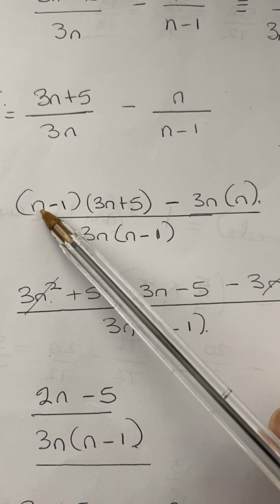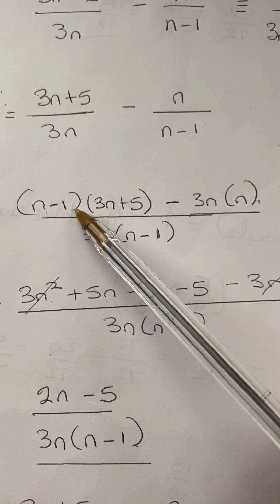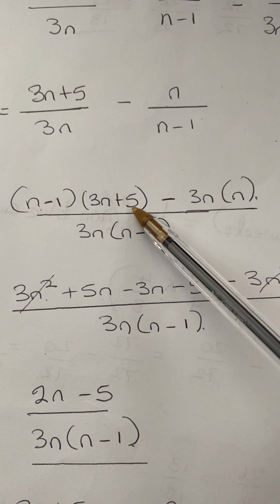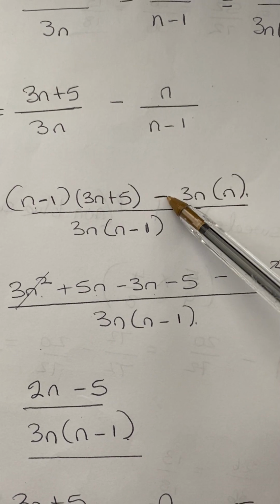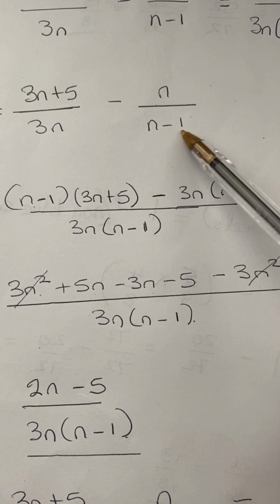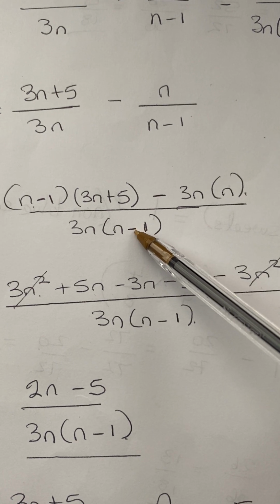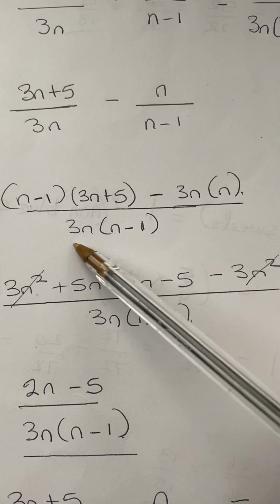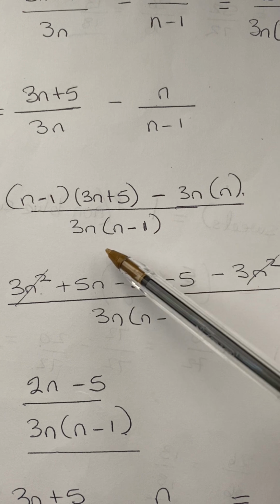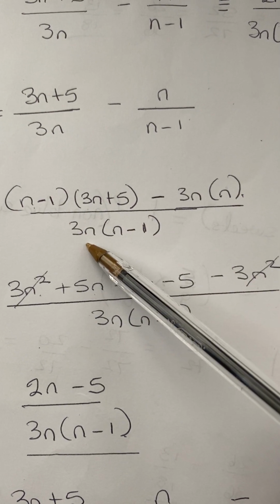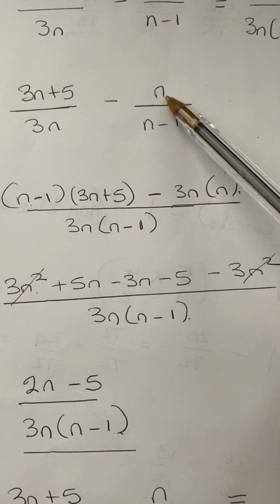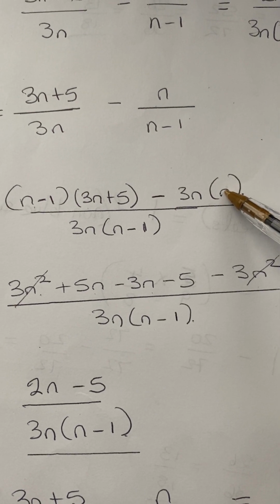But here I have n minus 1, 3n plus 5. Now this is my minus in between. So n minus 1 into this 3n(n minus 1), we'll take the n minus 1 off. So I have 3n times n in the numerator.